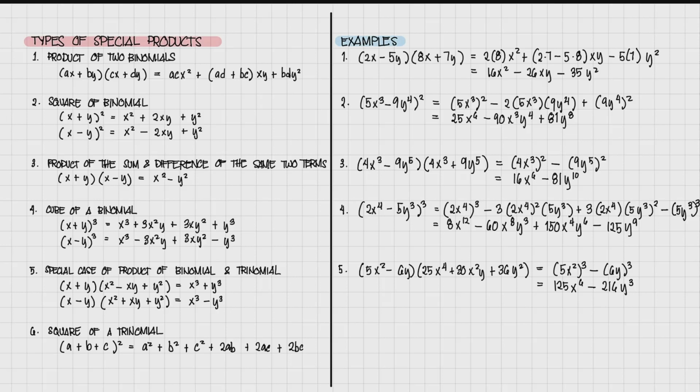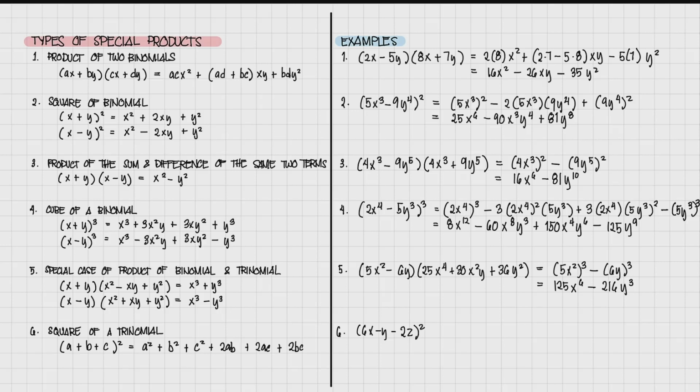So last, square of a trinomial. So our last example, number 6. So let's try, what should we try? So let's try maybe 6x minus y minus 2z squared.